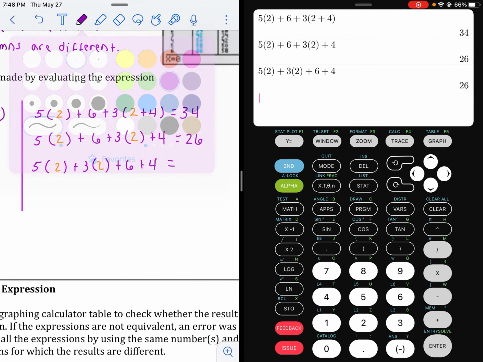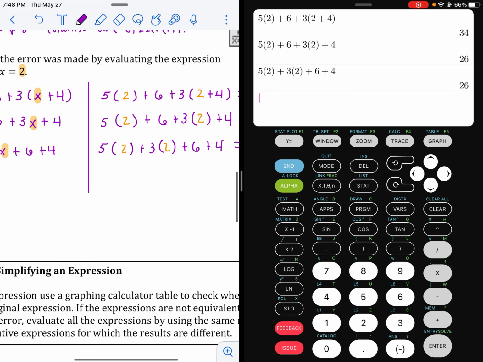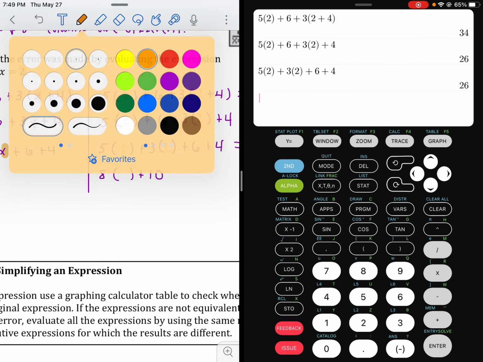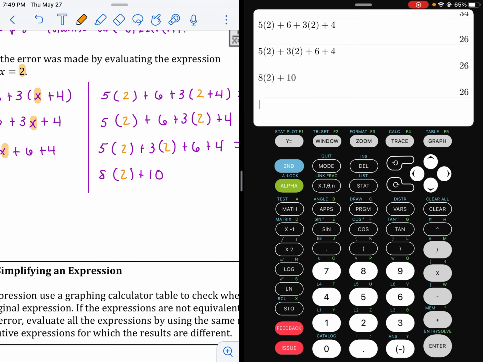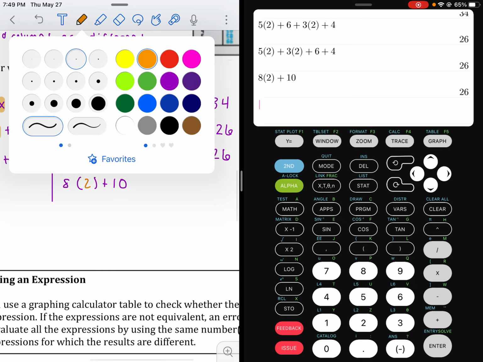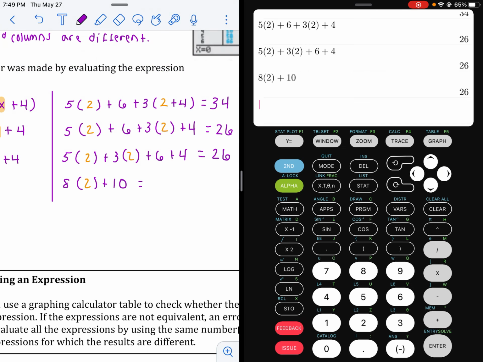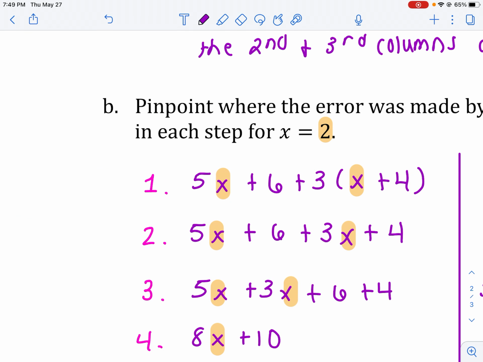So that tells me we haven't made another error because we're still getting the same result. And then lastly, 8 times 2 plus 10. So 8 times 2 plus 10 gives me a 26 again. So the discrepancy that we see happened in step 2.